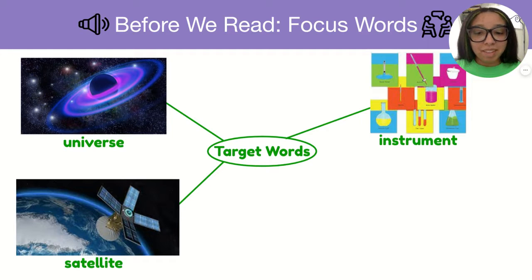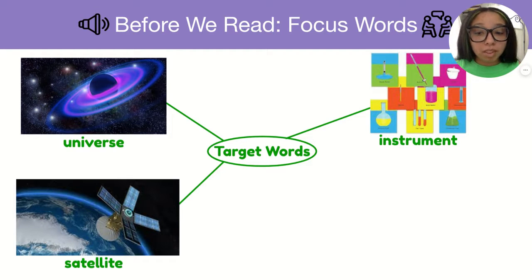Satellite. A satellite is a device that goes into space. It's an instrument that scientists use that orbits a planet or a particular being that the scientists want to observe, study, measure, and collect data from.